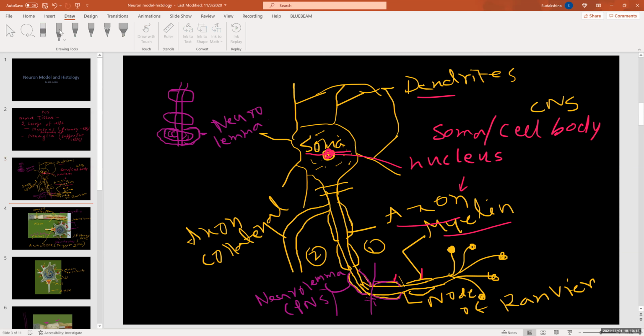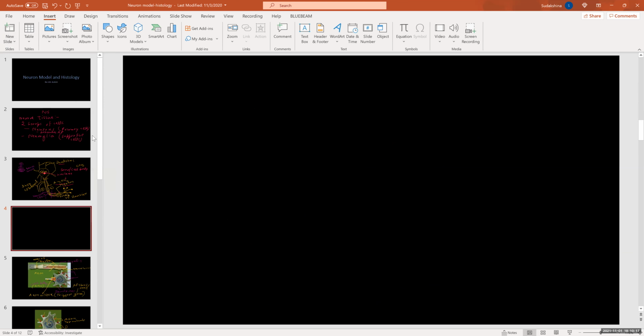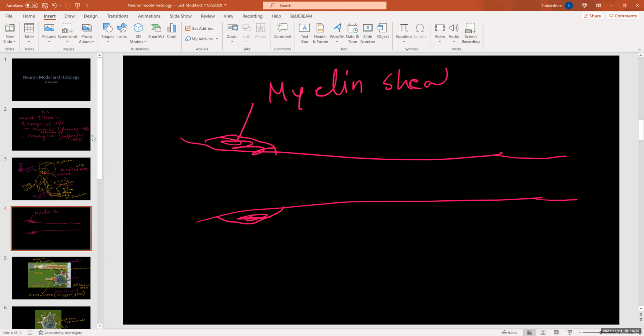If we are to magnify that axon, I'm just going to insert a slide here. If we are to magnify just the axon, we'll be talking about axon a lot. What would it look like? It should look like, in parts, it has a discontinuous lipid coat that we call myelin or myelin sheath.